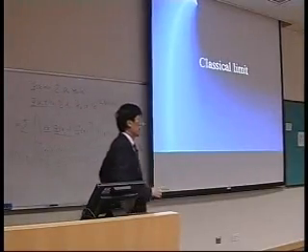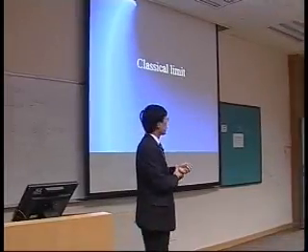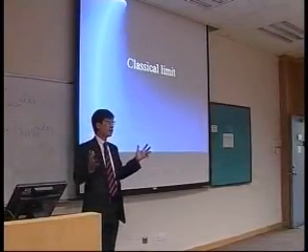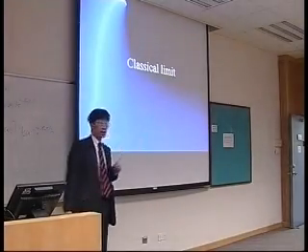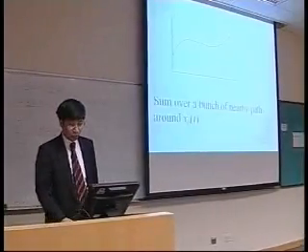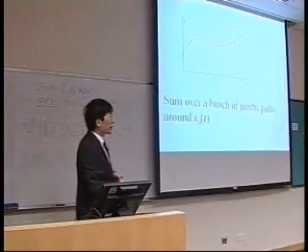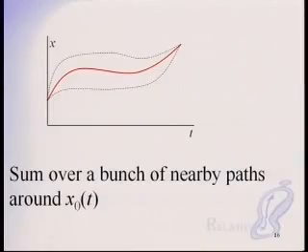Now, let me come to the classical limit. This is actually very simple, just to relate how all this is connected to the classical limit. Let's say the red line is the classical path, and the dotted lines are all the other paths.